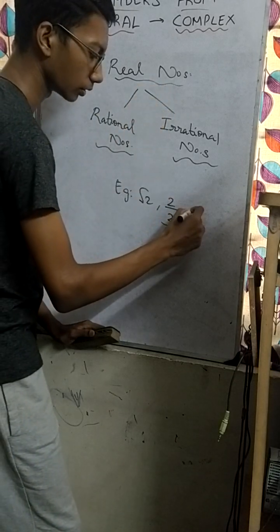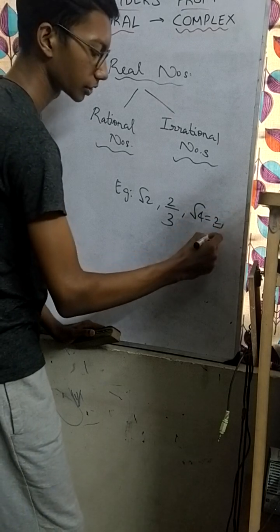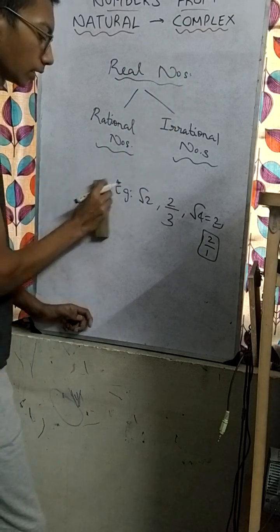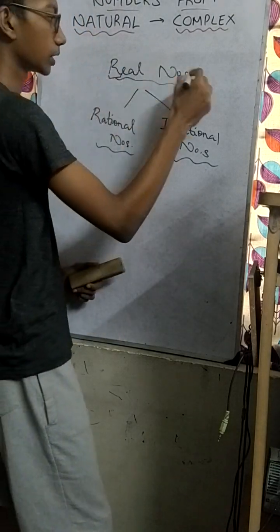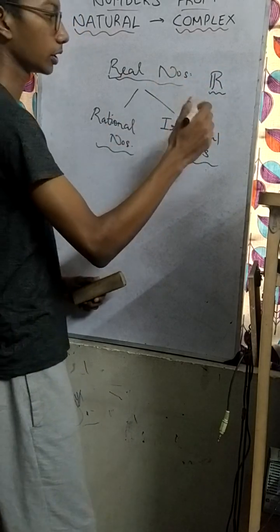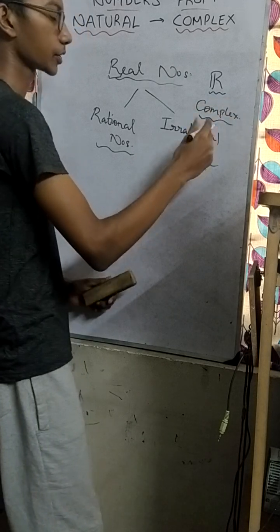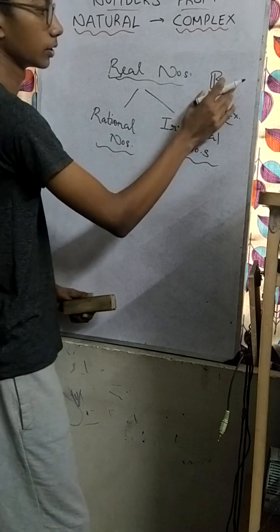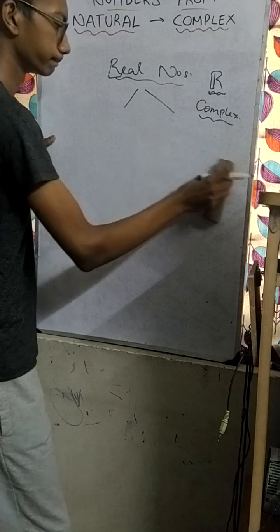Let's say root 4, it gives 2, which you can write as 2 by 1. This is a rational number, so this is also a real number. And the letter for denoting real numbers is just the first letter, that is R. This we will see in a lot of cases when we are not dealing with complex numbers, which we will be seeing next. You will see this denotation a lot of times in maths, so that will be really helpful for you.